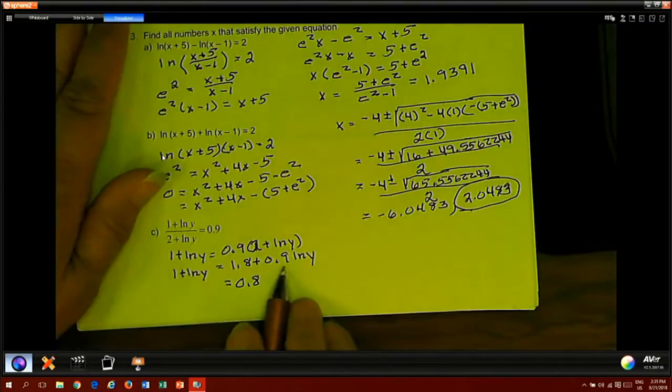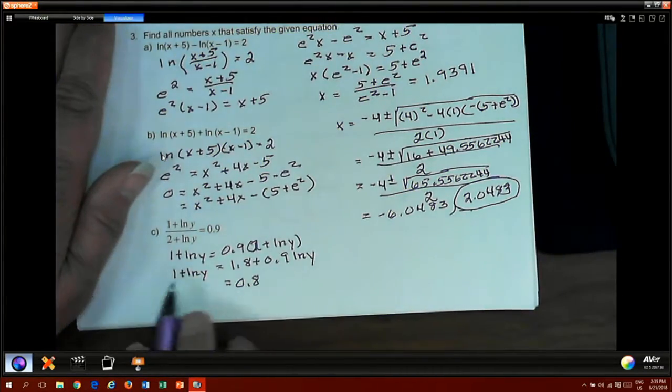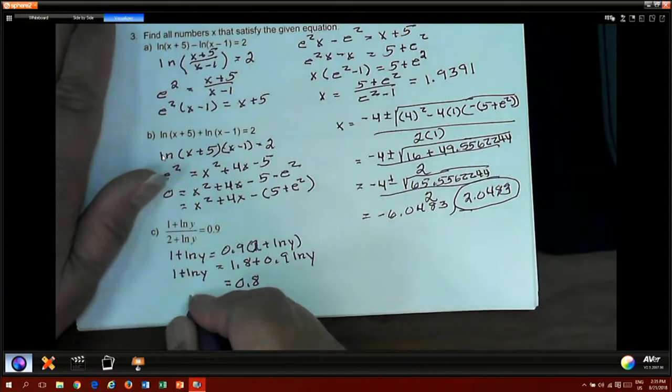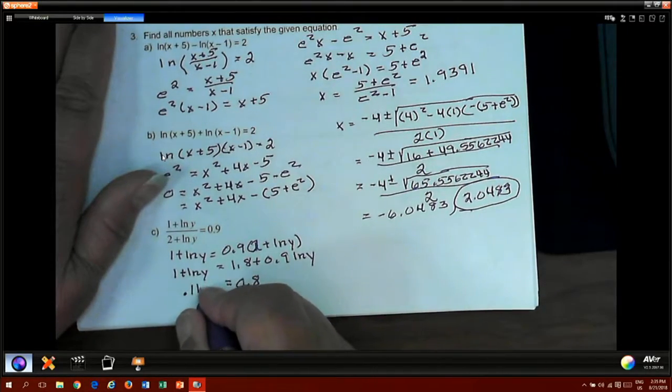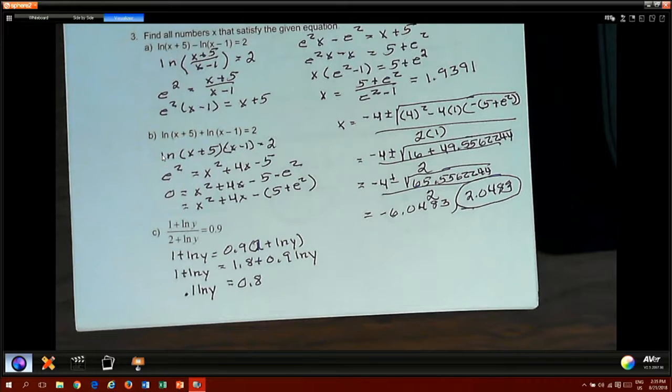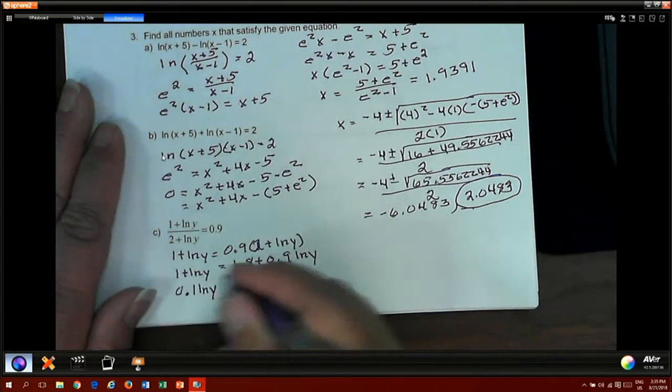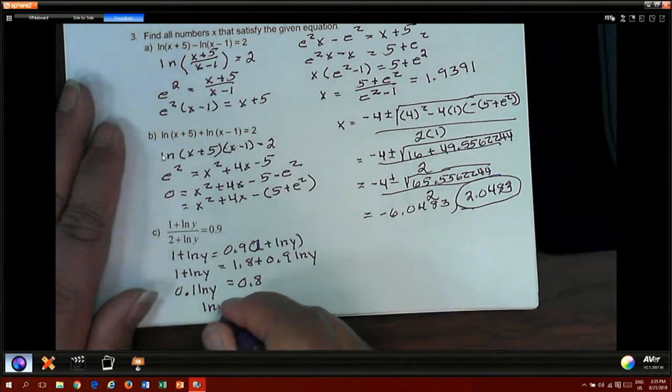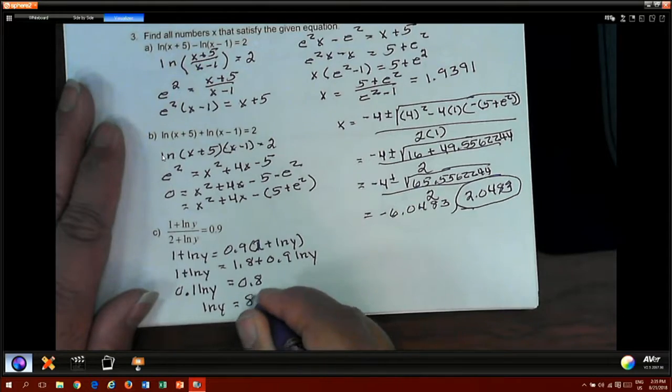If we subtract the 0.9 ln of y, 1 minus 0.9 is 0.1 ln of y. So now we need to get ln of y by itself, so we divide by the 0.1. So then ln of y equals 8.